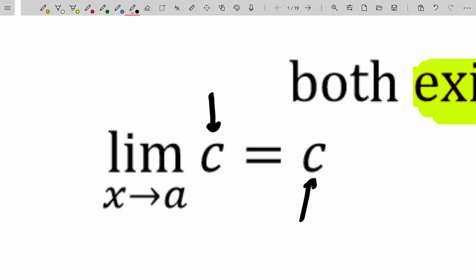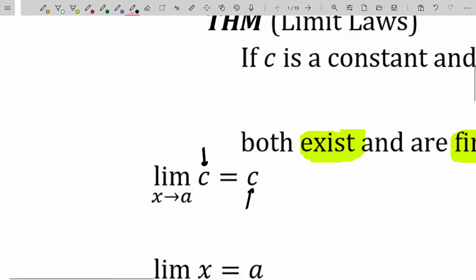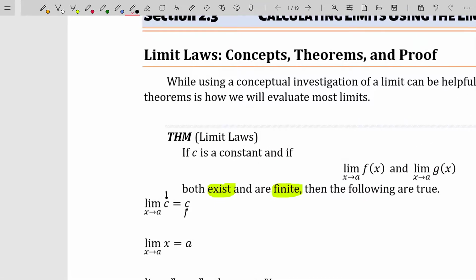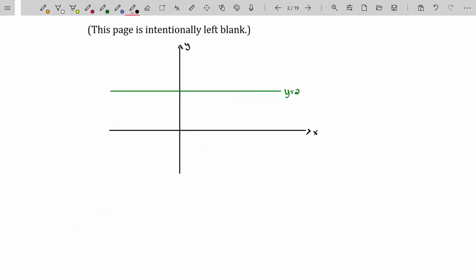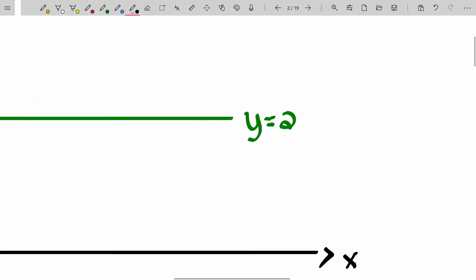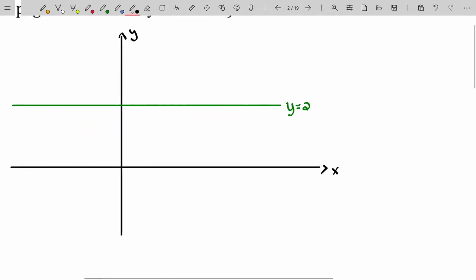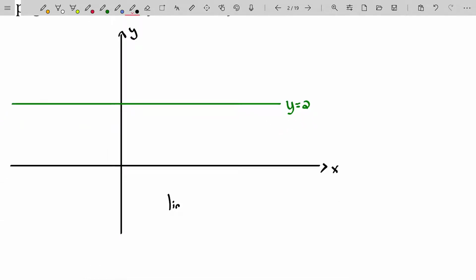Now, because the title of this video is Limit Laws, Concepts, Theorems, and Proof, I just want to showcase this concept with a graph. So we have a function here, f of x is equal to 2. And I want to know, what is the limit of that function, which is just 2, as x approaches, let's say, -1?